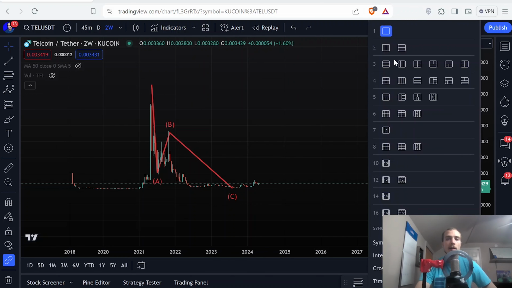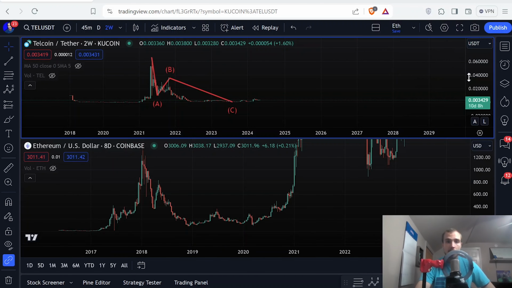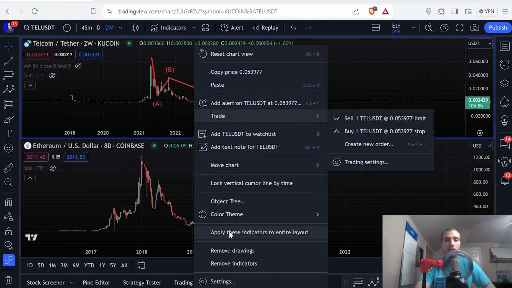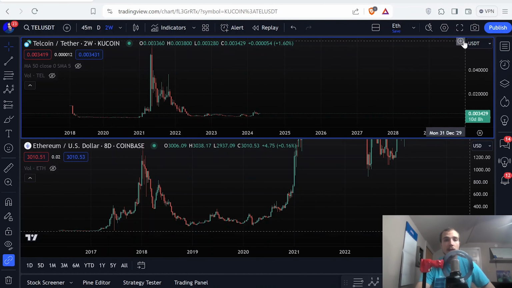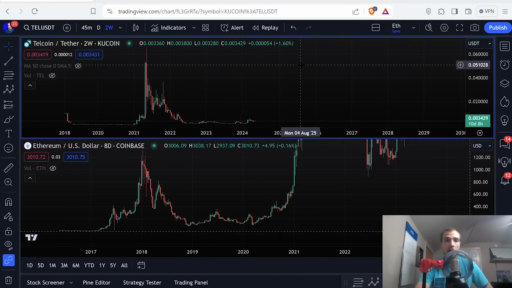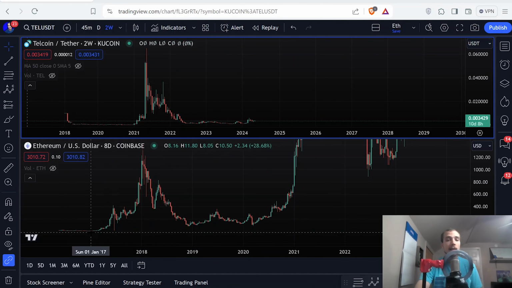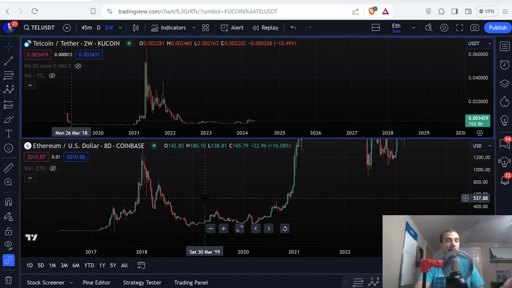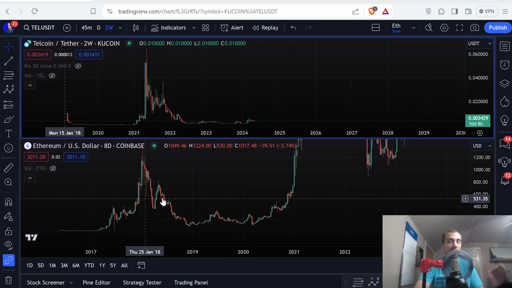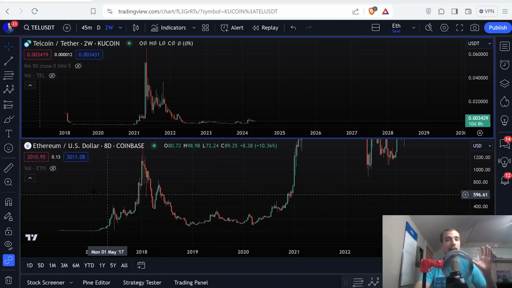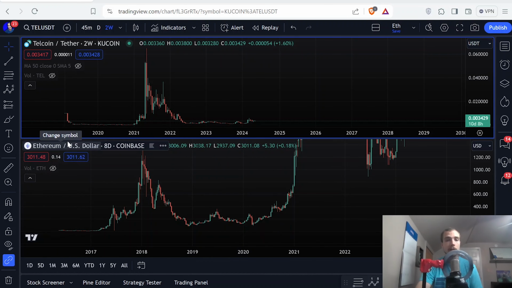So let's compare it a little bit to another chart here, because I want to show you a few examples of coins that have done this same structure. Ethereum is one of them. So Ethereum back in the day, and when I say back in the day, I mean 2017, 2018, 2019, did this exact same structure.